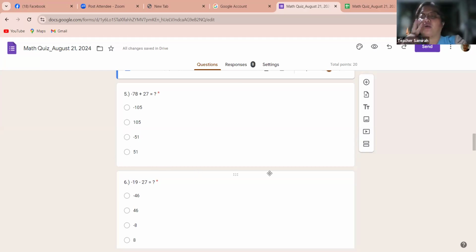Take note, there will be two possible answers. What should be the sign of our answer? Look at the numbers and take note of the sign. Positive or negative?